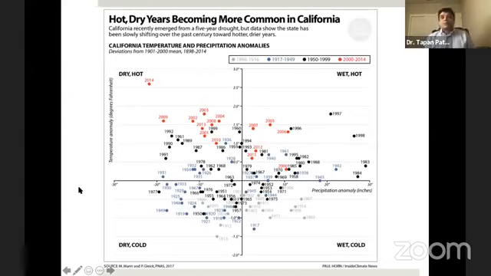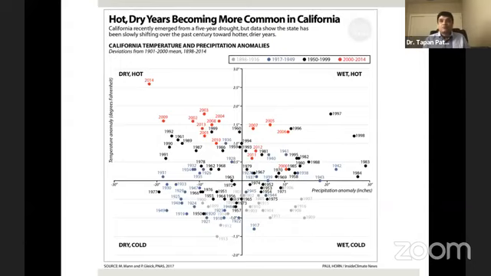If we put temperature and precipitation data into these 4 categories: dry hot, wet hot, dry cold, and wet cold, most of the recent years are in either the dry hot or wet hot category. More specifically, if you focus on the recent 15 years, 9 out of those 15 years fall under the dry and hot category, which means the state has experienced a lot of drought conditions in those years.